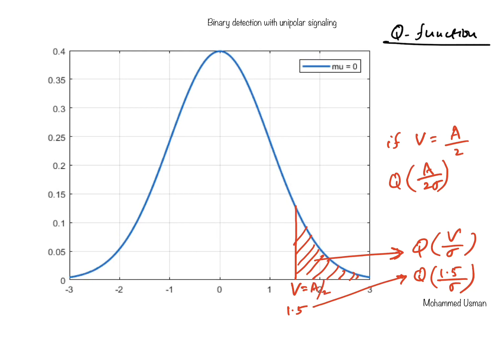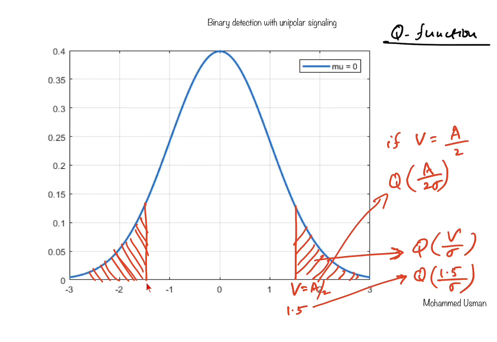Then the next important thing that we also notice in the Gaussian PDF is that because the Gaussian PDF is symmetric, if we have an area computed on the negative tail, on the other tail of the Gaussian PDF, the Gaussian PDF has two tails, one to the right side and another one to the left side.